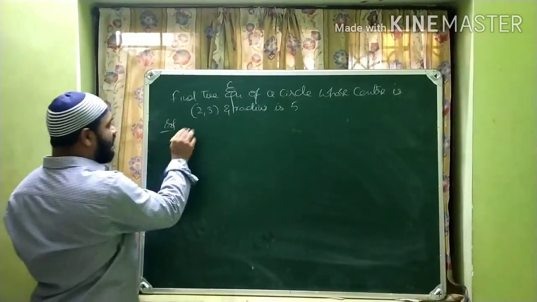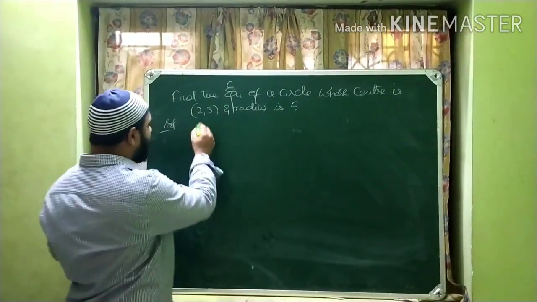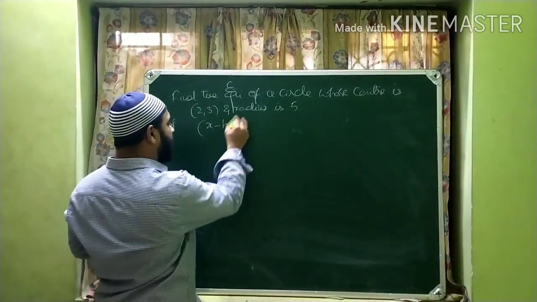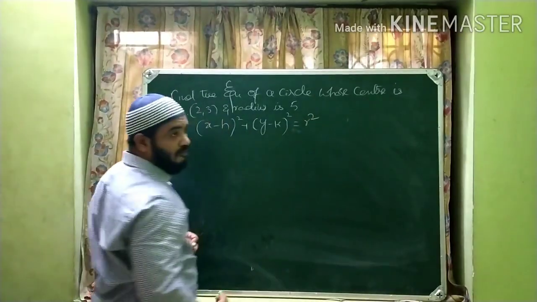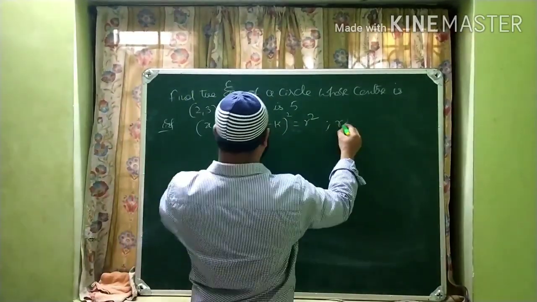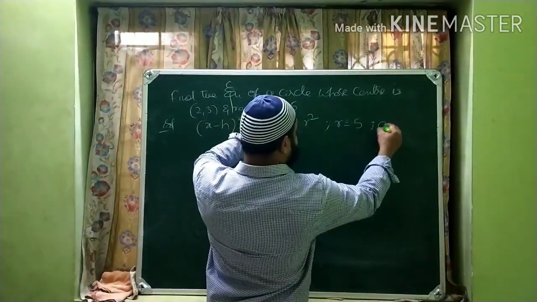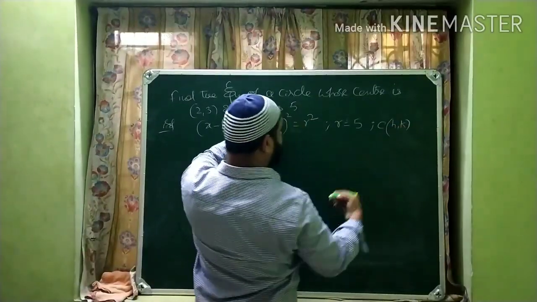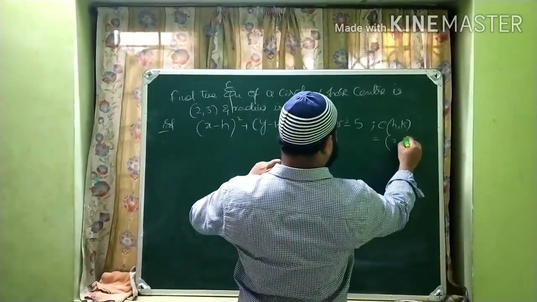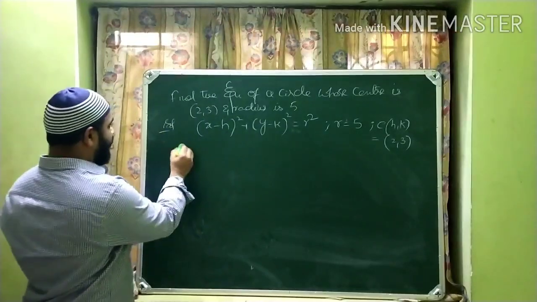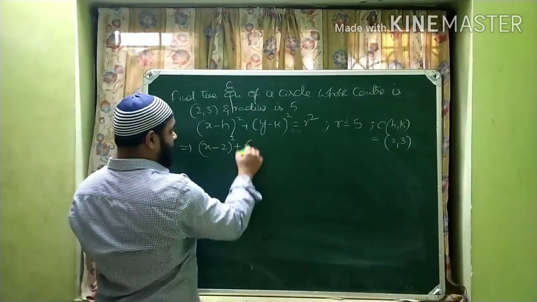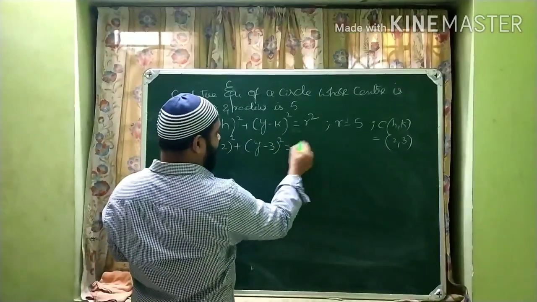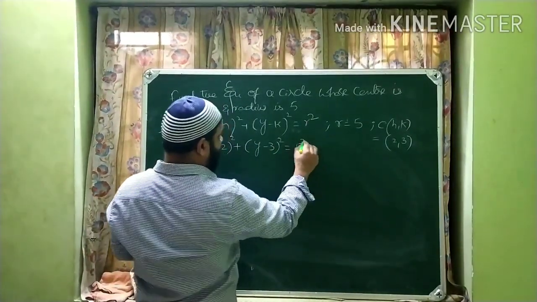So what is the equation of the circle in the central form? (x minus h) whole square plus (y minus k) whole square equals r square, where r is equal to 5 given, and the center (h, k) equals how much? (2, 3). Let us substitute this. (x minus 2) whole square plus (y minus 3) whole square is equal to 5 square.